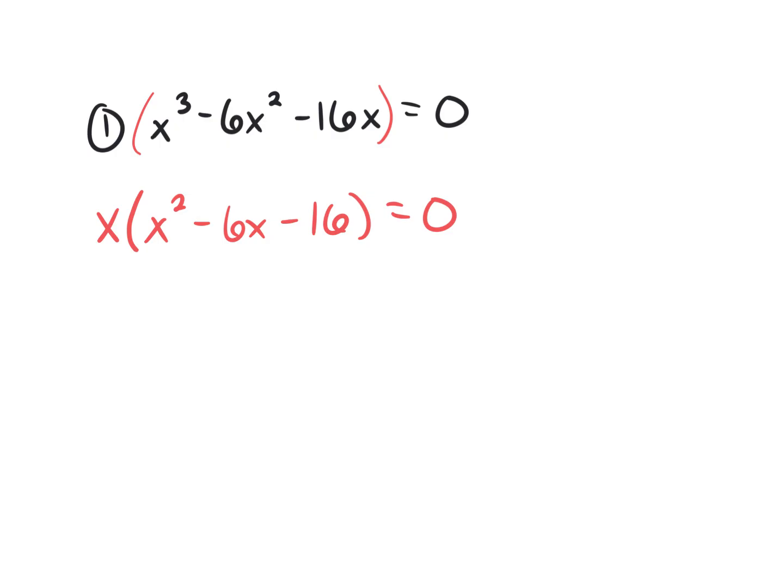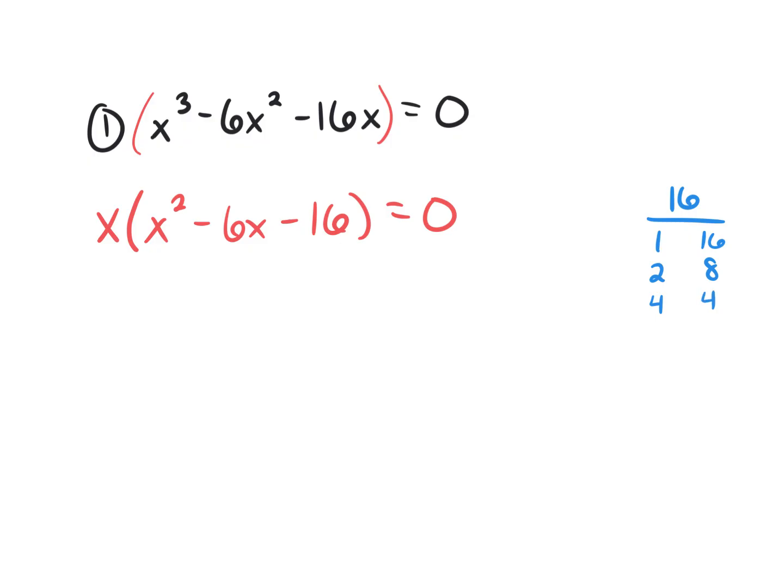What's our step 2? See if we can factor any further, okay? Can I factor this any further? I can, right? I got that x squared. So we want to look for factors of 16. What are they? 2 and 8. And we got 4 and 4 also, right?